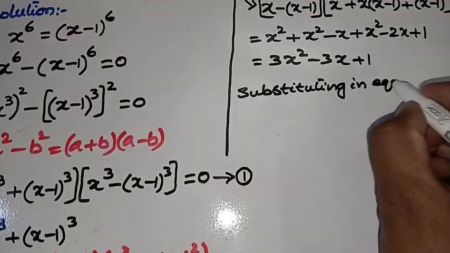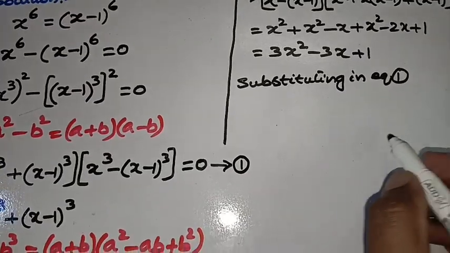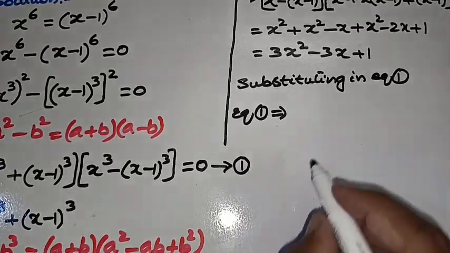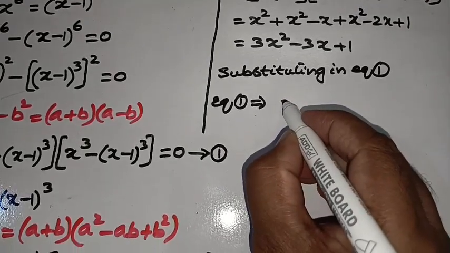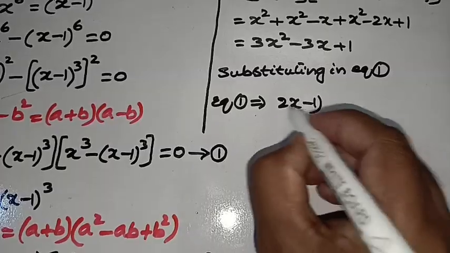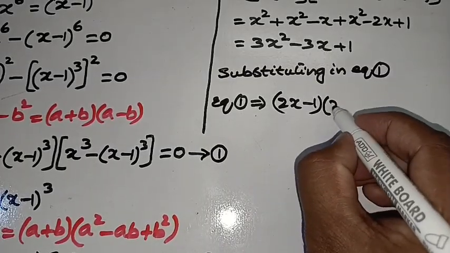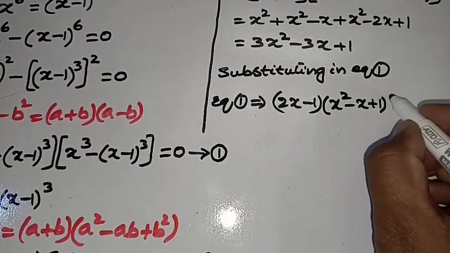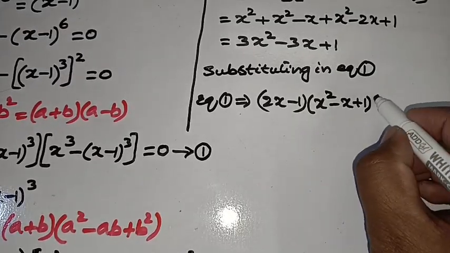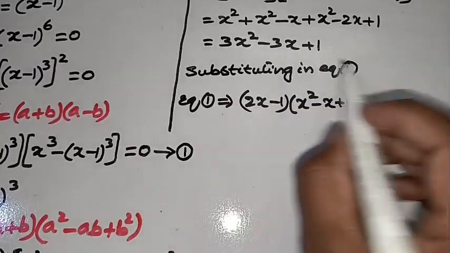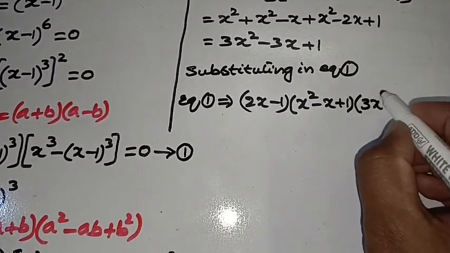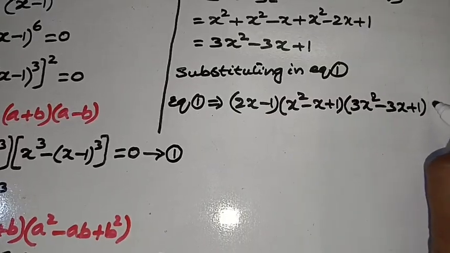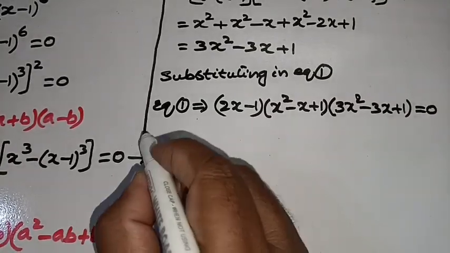Substituting in equation 1. So equation 1 implies 2x minus 1 times x square minus x plus 1, and the second one is 3x square minus 3x plus 1 is equal to 0.